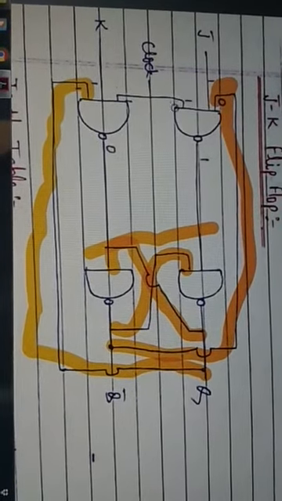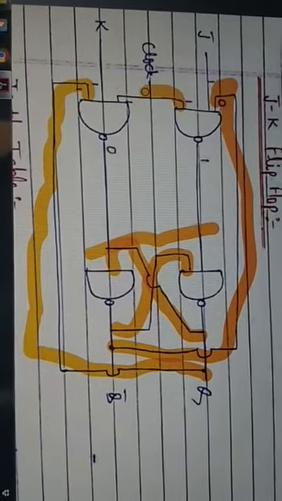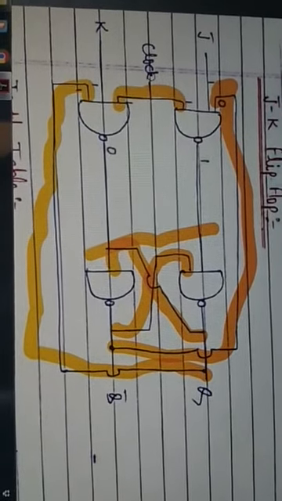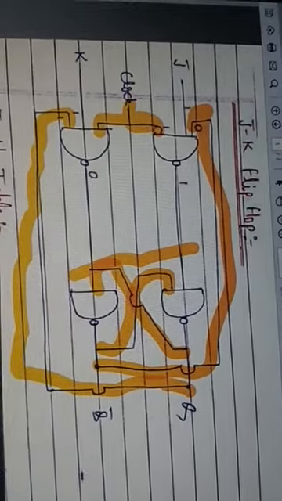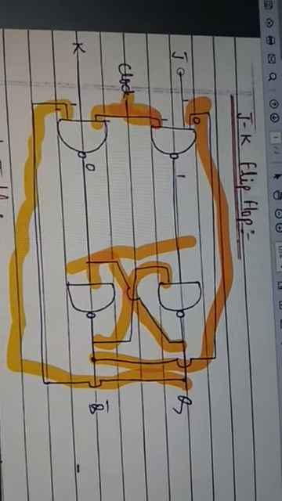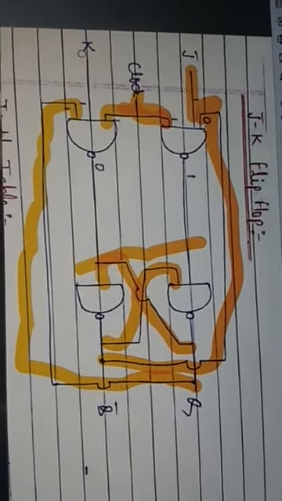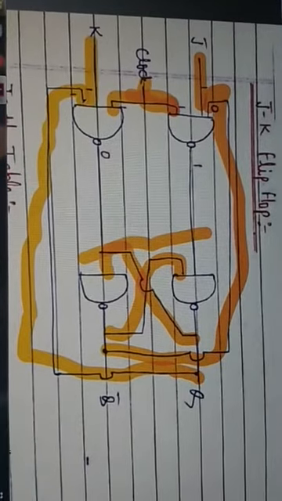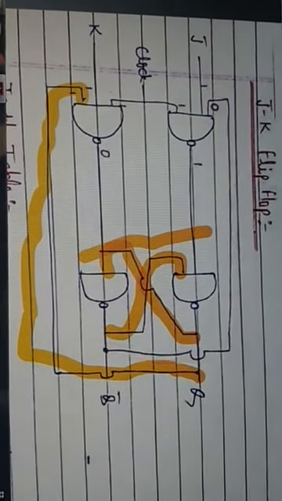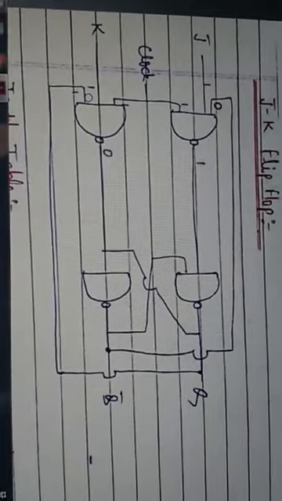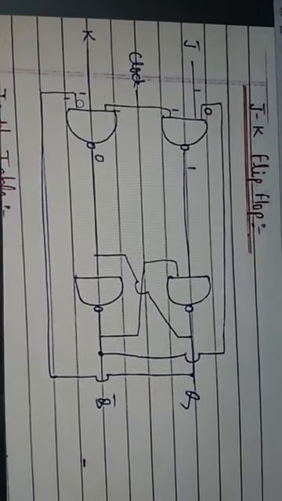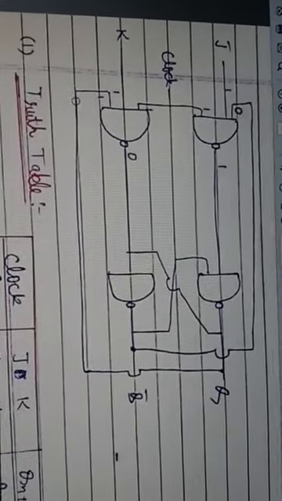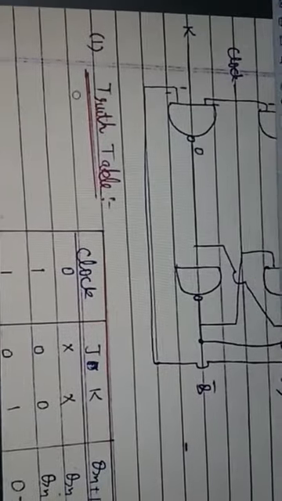Here is the clock, because this is the circuit of the flip flop. The clock is an input to both, and J and K are inputs to gate 1 and gate 2. This is the circuit diagram. Does everybody understand easily? This is the truth table.